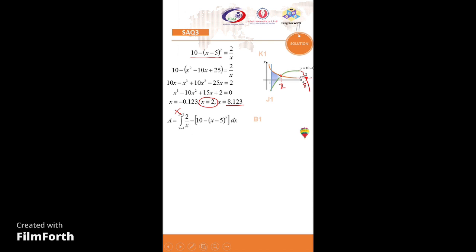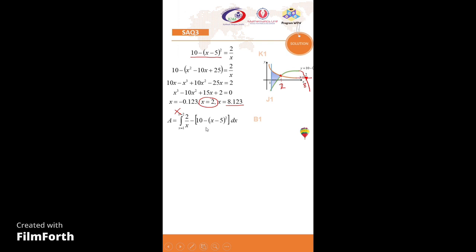So the upper function is the orange curve. So the orange curve is 2 over x. Okay, then we minus the lower function. So the lower function for the area is the green curve, which is the quadratic function. Okay, so here you have 1 mark.